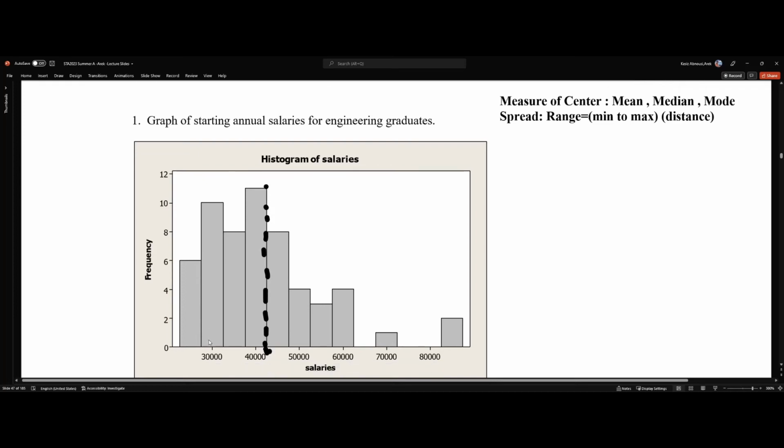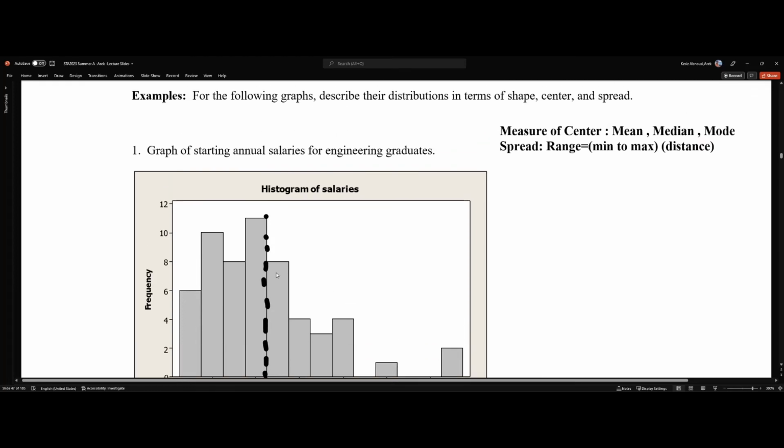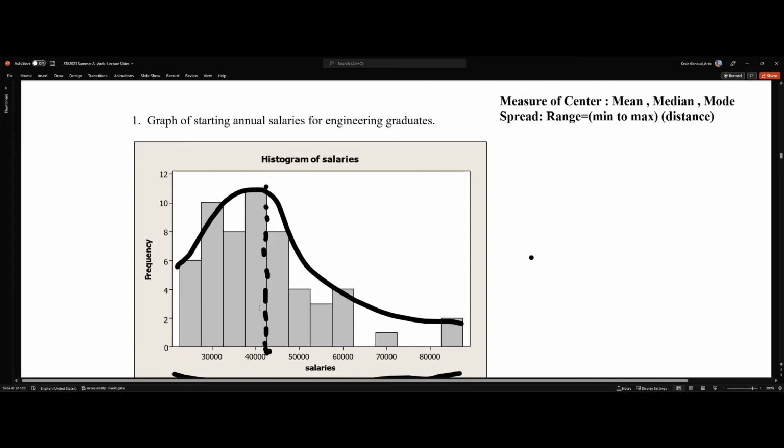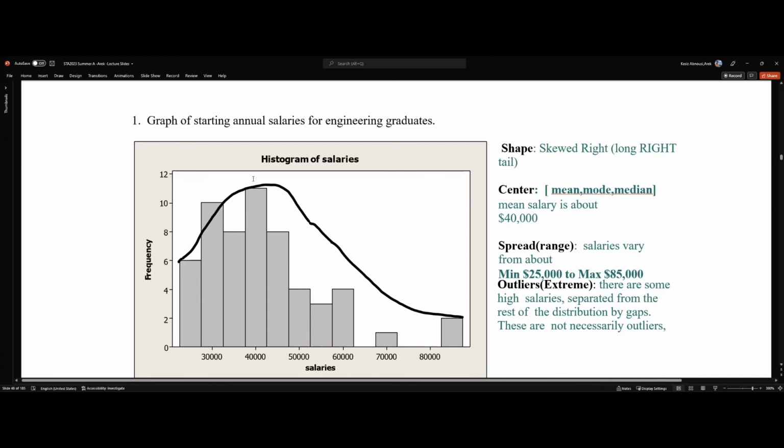So this is the center, this is the range, this whole thing, and the shape is approximately like this, and we can see that the shape is skewed to the right because it has a long right tail. The center actually was correct. In the previous attempt, this was here at 45. So it's around here.